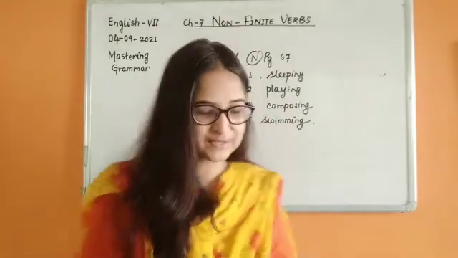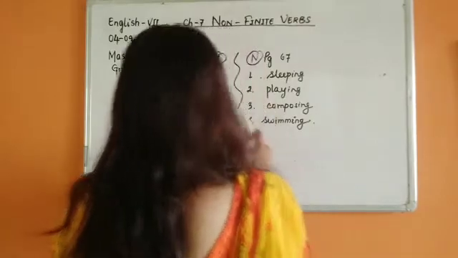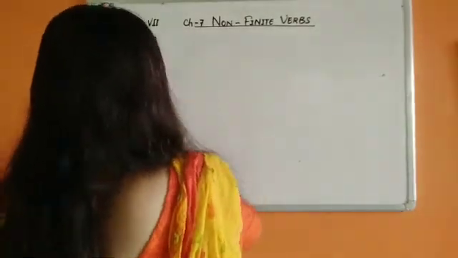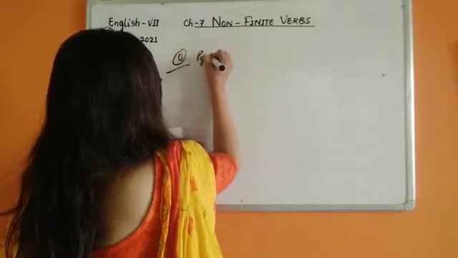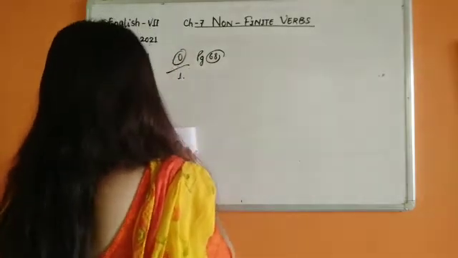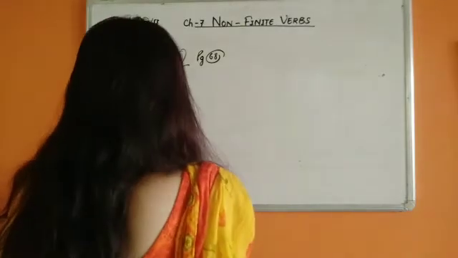Now exercise O. Page 68. Number 1. She likes to read novels. We have to use the gerund in place of the infinitive.